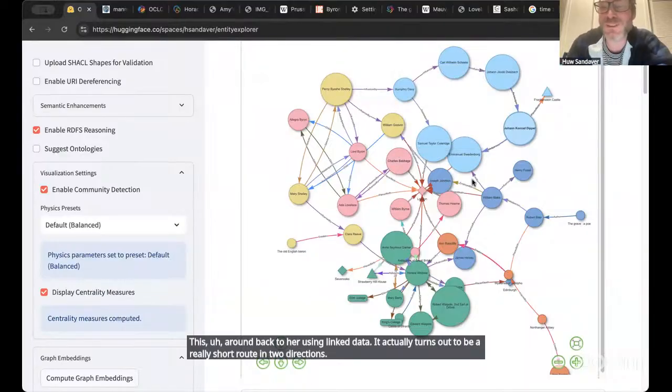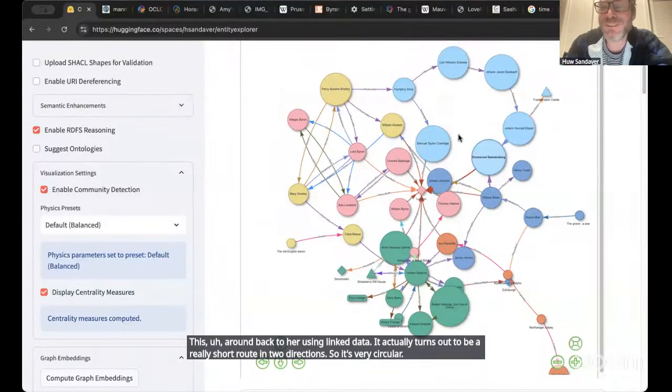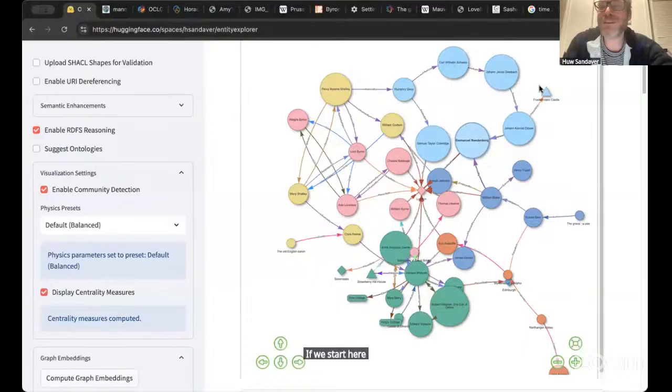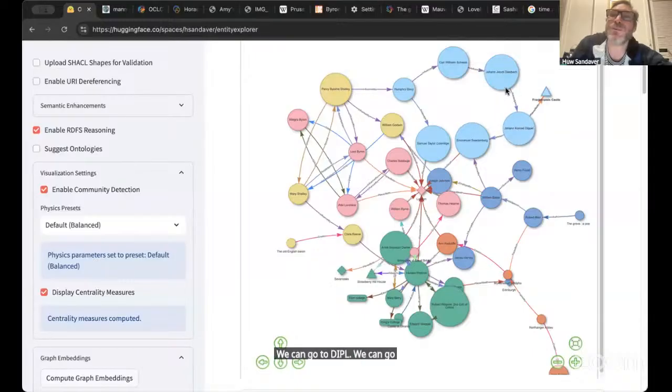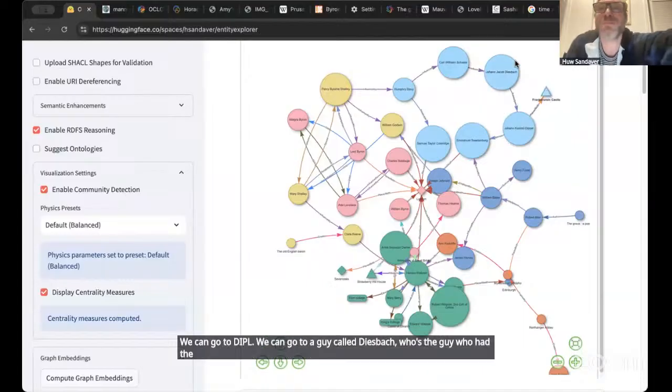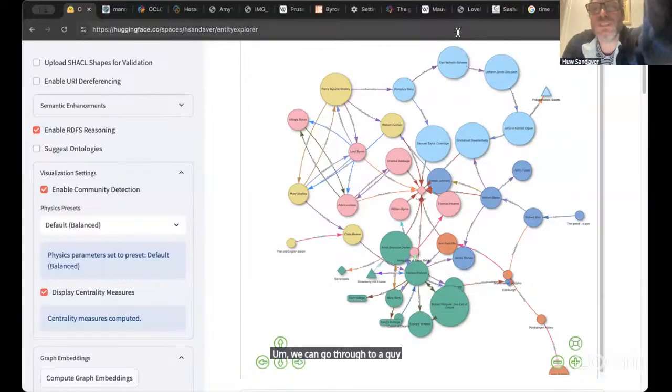So it's very circular. If we start here at Frankenstein's castle, we can go to Dippel. We can go to a guy called Diesbach, who was the guy who had the contaminated potash. We can go through to a guy called Scheele.